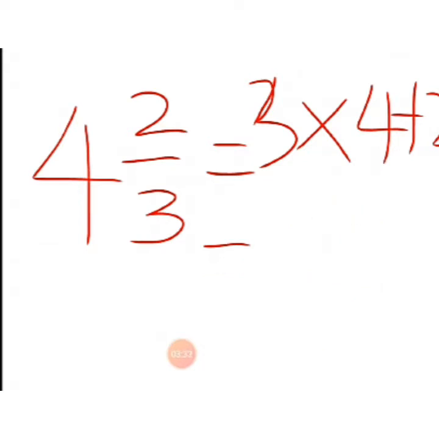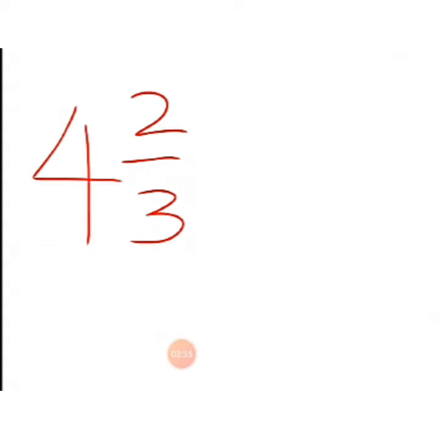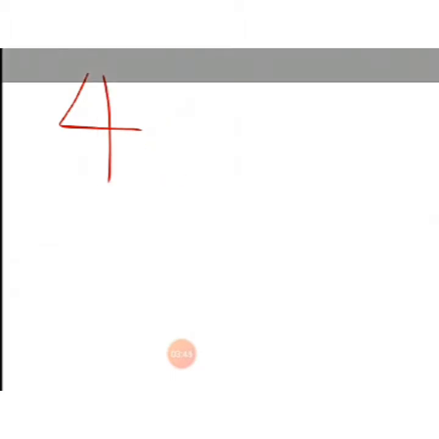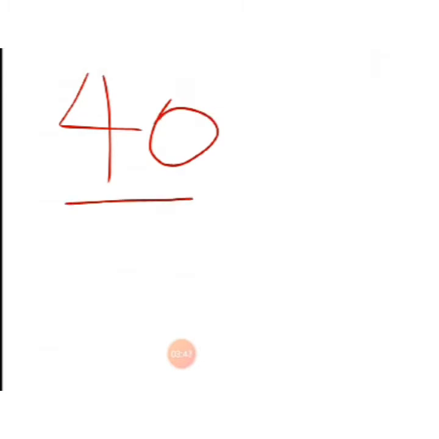Now let's do an exercise on reducing fractions to the lowest term. Let's take 40 divided by 100. We want to reduce this fraction to the lowest term. Whenever your unit values are 0, do a cancellation.